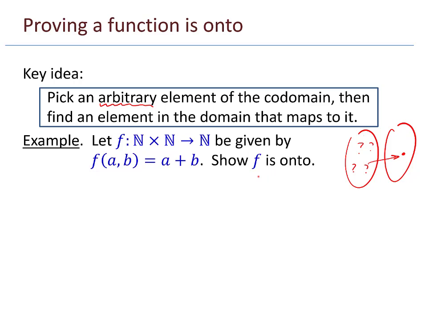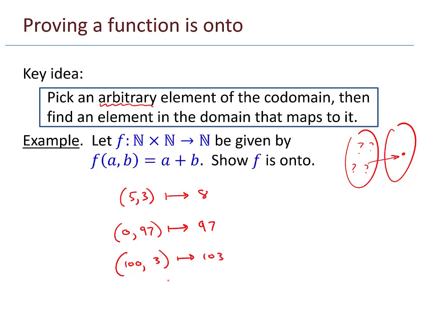Let's do some examples first so we understand what this function is really talking about. If I have the pair (5, 3), this is in my domain, a pair of naturals, and that gets mapped to the number 8 because 5 plus 3 is 8. The pair (0, 97) gets mapped to the number 97, and the pair (0, 103) gets mapped to 103.